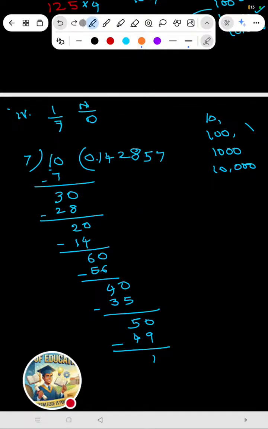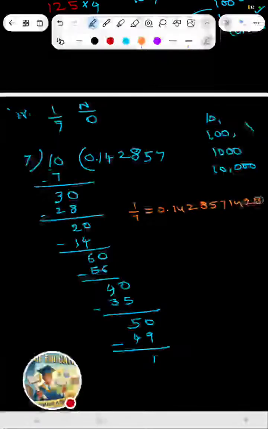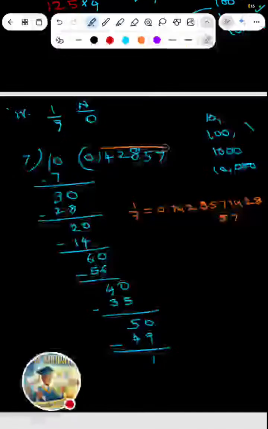If you continue here, what will you get? 1 by 7 is equal to 0.142857, and it is repeated again, 142857. It continues, means here you can take a bar.